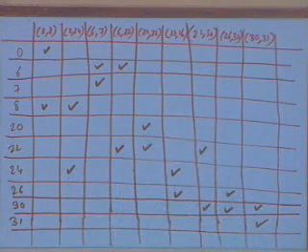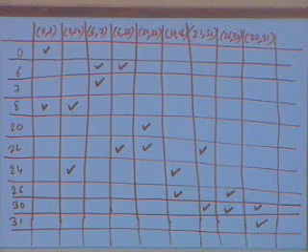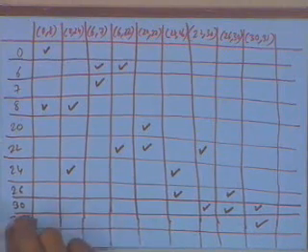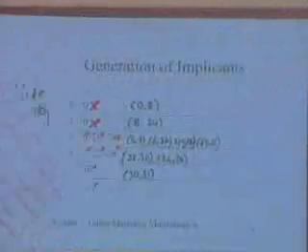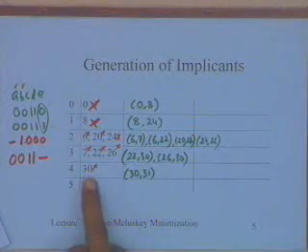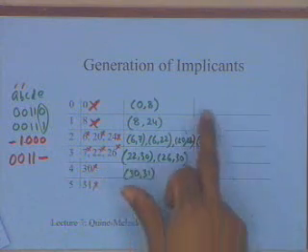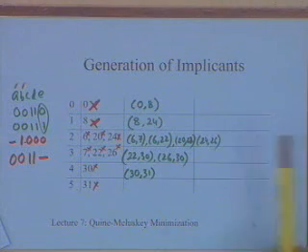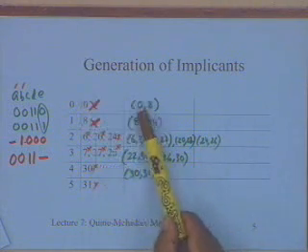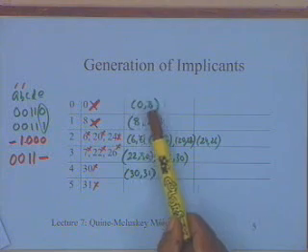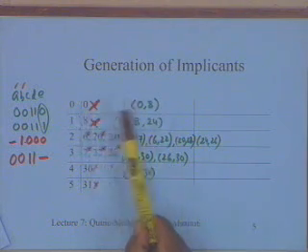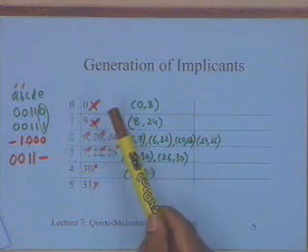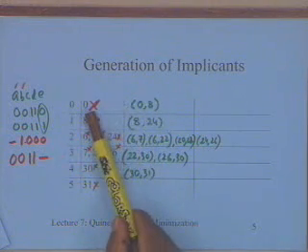So I have a table, and now what I have to do is choose some prime implicants to compose my function. First thing that you should understand is, I never have to choose those which have been eliminated. It would be sufficient to choose only from the prime implicants. The reason is simple. Anytime I have to cover 0, I would be better off using the product term 0,8 rather than 0, because 0,8 covers 0 and something else, and it has one less literal than 0 has.